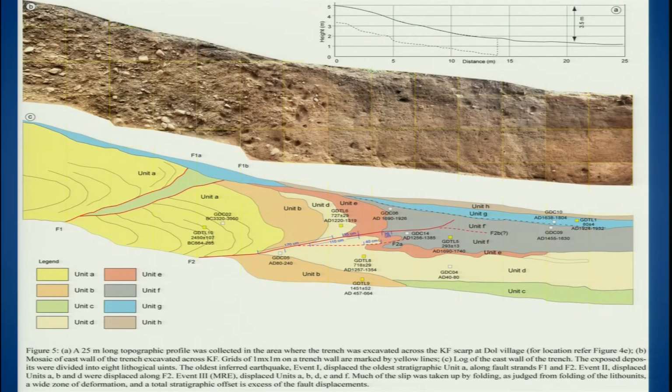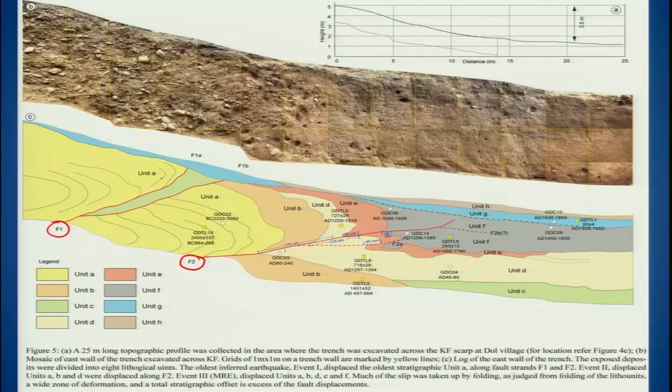In this trench we were able to pick up two fault strands, F1 and F2 being the major ones. Since F2 has displaced younger units, we concluded that F2 was the fault strand along which the most recent event took place.